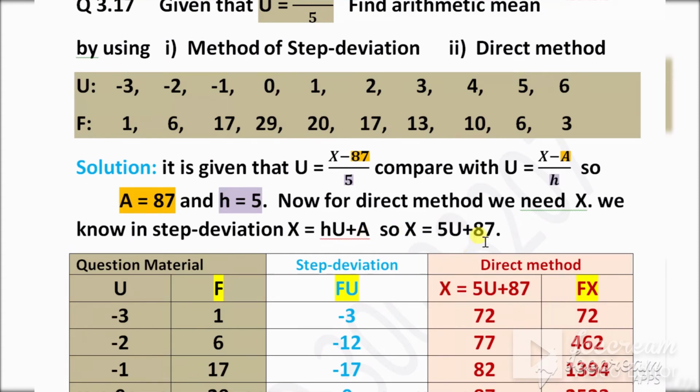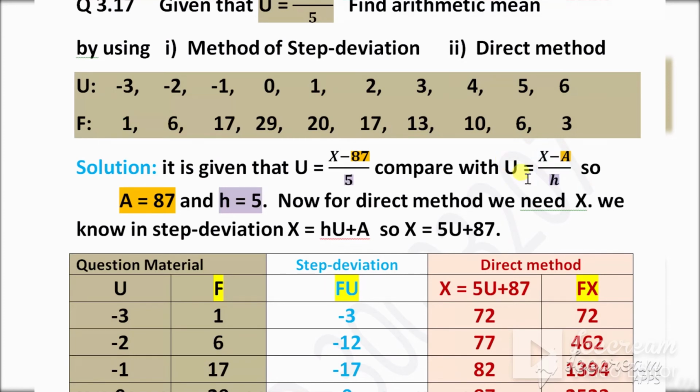We will use this way. This is the other formula for the step deviation method, where if you have to find x in the step deviation method, x is equal to h multiply u plus a. How will you get this? You can get this one from this. Just h is the divide term, you cross multiply this.